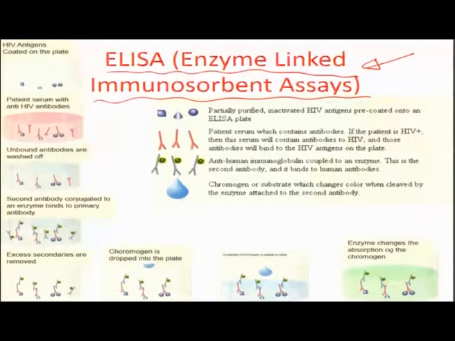So, what we do here is that we start at step 1, where we take the inactivated partially purified HIV antigens and pre-coat the surface, which would be treated as a sensing plate for the ELISA scheme to happen. So, step 1 shows the coated HIV antigens.